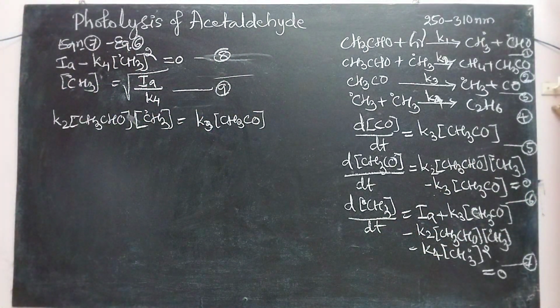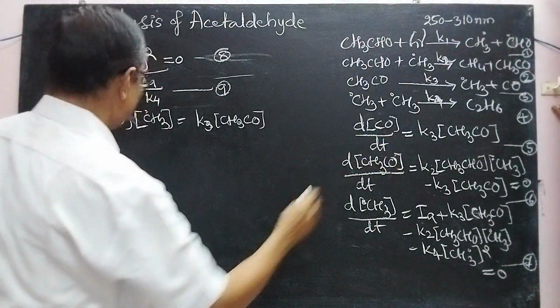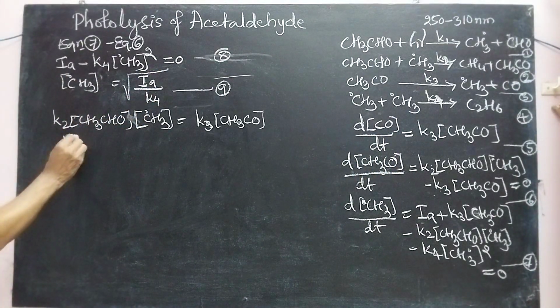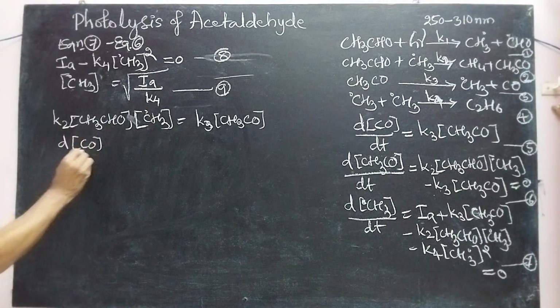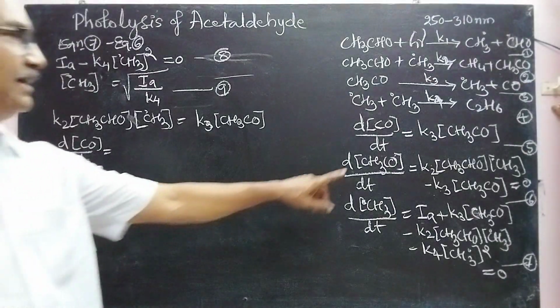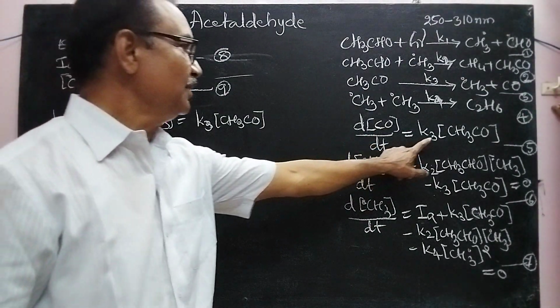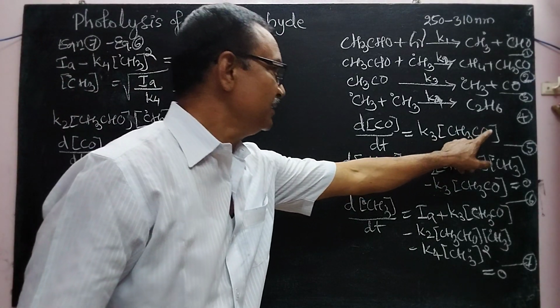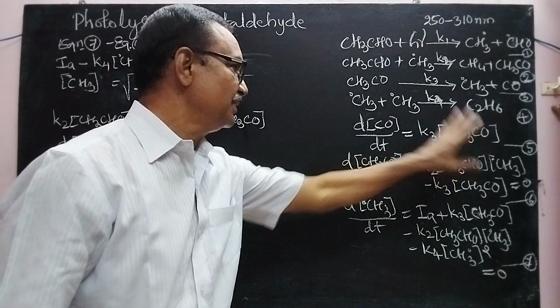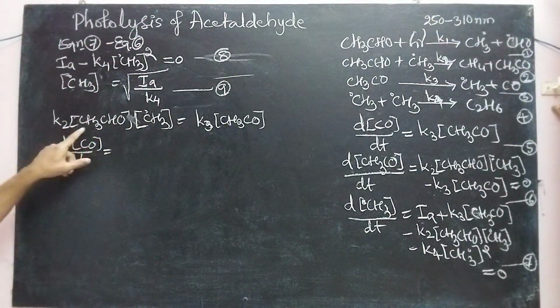Now, according to equation 5, dCO divided by dt, that is the rate of formation of carbon monoxide, is equal to K3 into CH3CO concentration. And K3 into CH3CO is equal to this.